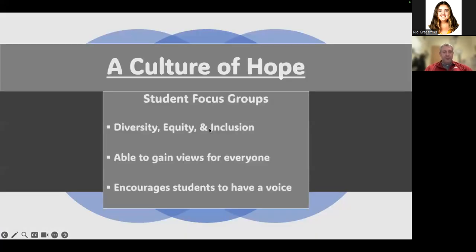We've got to build a culture of hope, folks. Diversity, equity, and inclusion. Build a culture of hope for your students. It builds a positive, equitable opportunity for each student to learn. It's able to gain views from everyone. We always have that student that sits over in the corner in the back, sometimes in the front, but they don't share much.